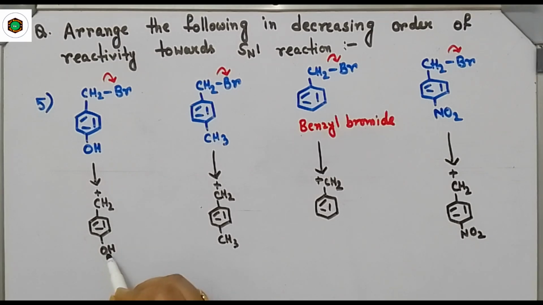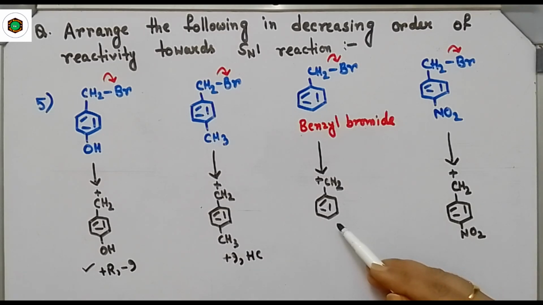So here at the para position of this carbocation, OH group is there, which is having plus R and minus I effect, but the plus R effect is much stronger than the inductive effect. Here at the para position, plus I effect is there, hyperconjugative effect is there. Here no substituent is there.